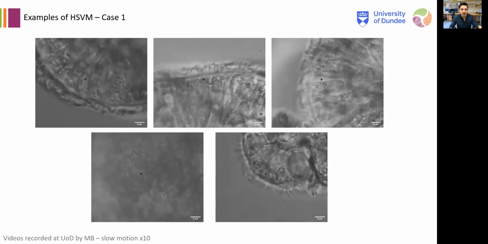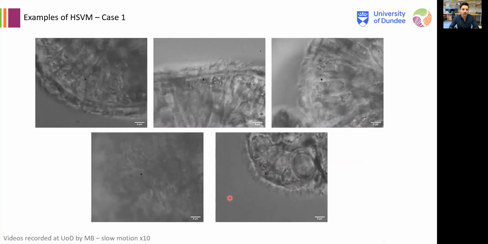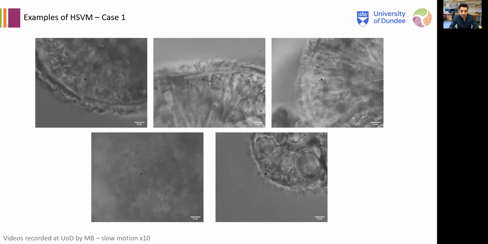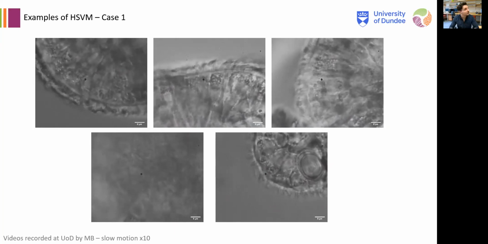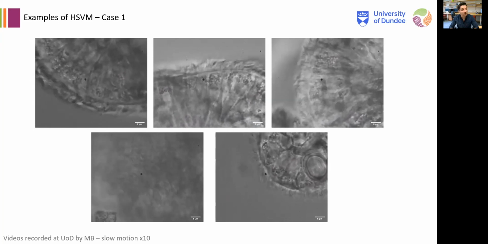So the first one here, we can see 4 side views and a top view. I will give people a couple of seconds to have a look at it and try to form an idea of what they think.